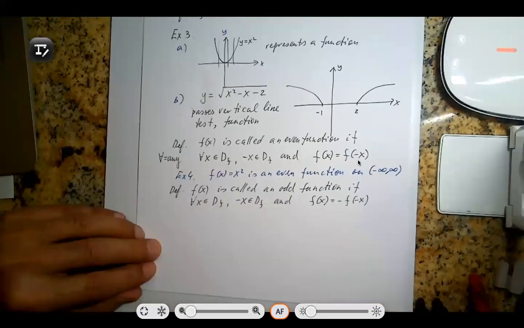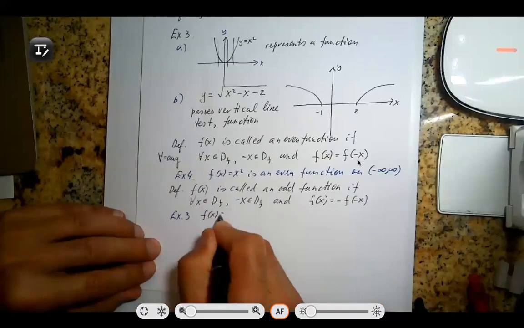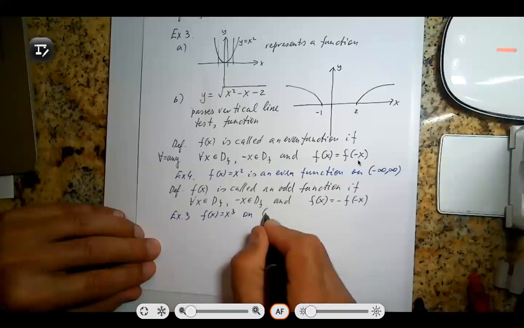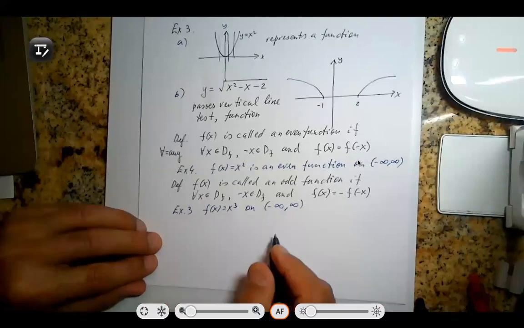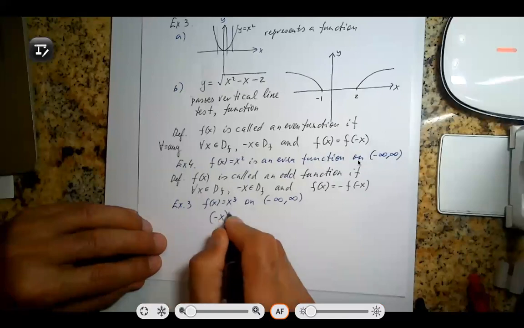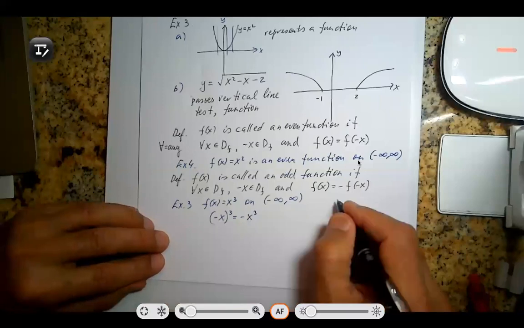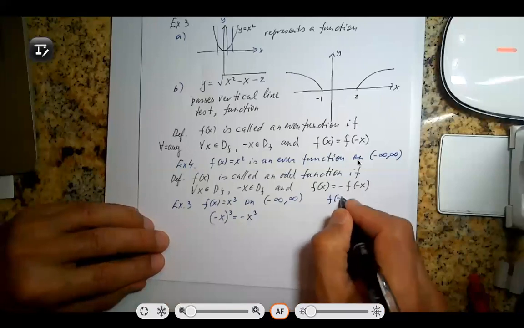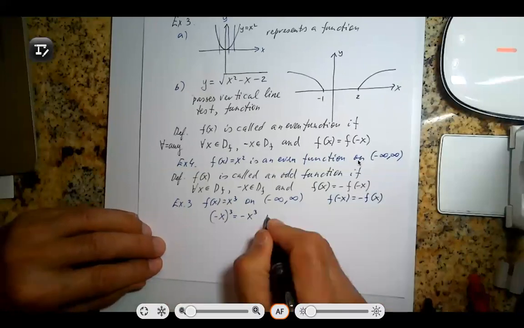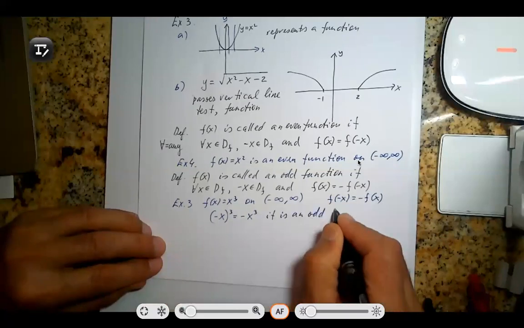Example: f of x equals x cubed on the entire domain, real numbers. Then negative x cubed equals negative x cubed. Can you write this? F of negative x equals negative f of x. So it is an odd function.